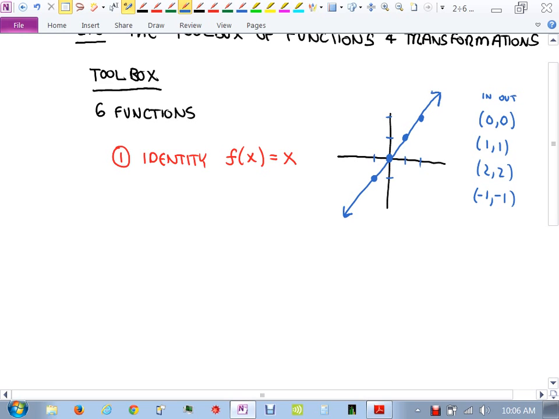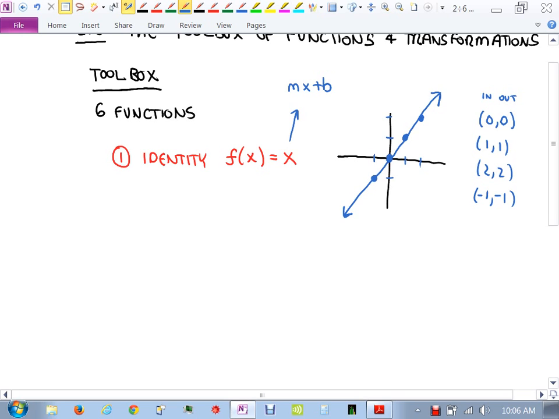What you could have told me already, if you recognize this as being like an mx plus b, what's the m? What's the slope of that line? 1. And what's the y-intercept? 0, right? We did lines already? I thought we did lines.